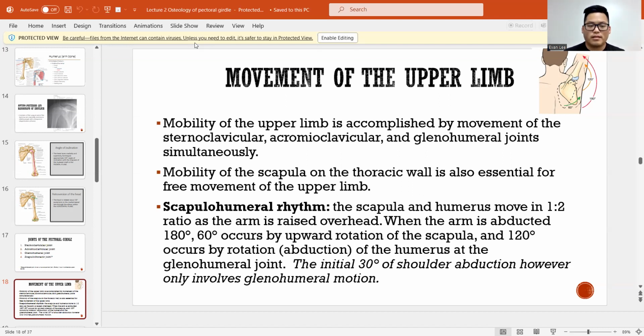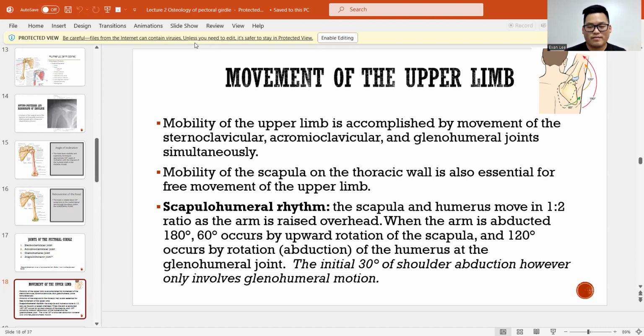Effectively, the scapula and the humerus move together when you lift your arms upwards to abduct them, but they do it in a certain ratio, which is about a 1-to-2 ratio for the scapula to humerus. So for every 10 degrees the humerus moves, the scapula will move 5.